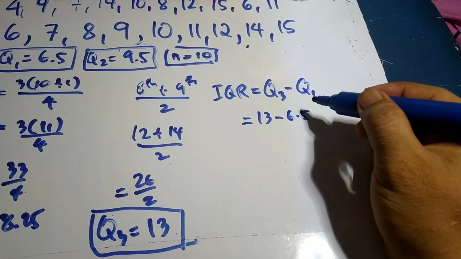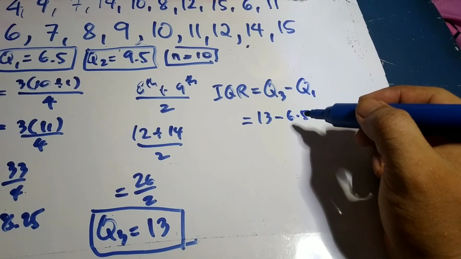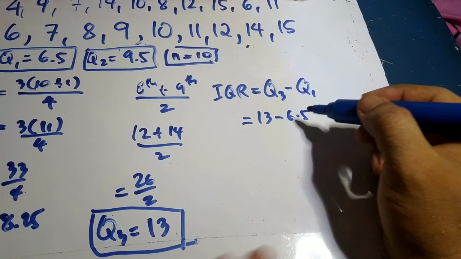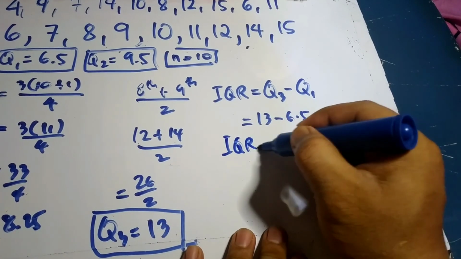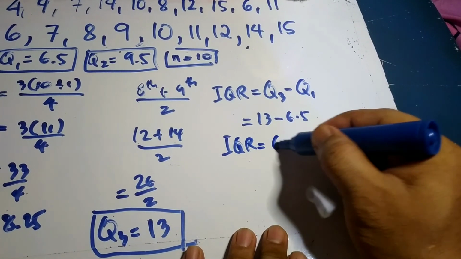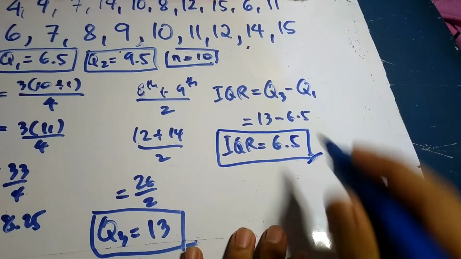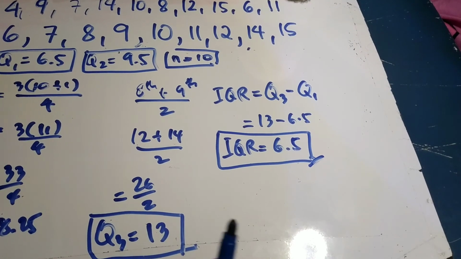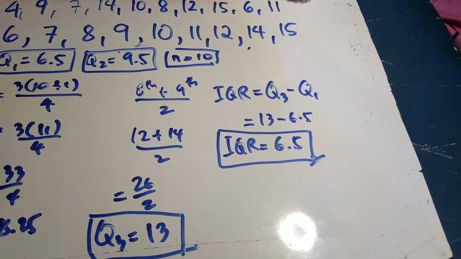If we subtract 13 minus 6.5, ang ating interquartile range is also 6.5. So yan po ay para sa quartile. Next natin is the decile naman po.